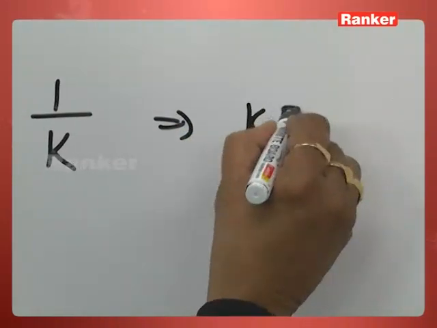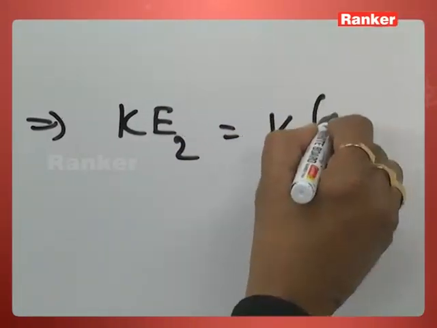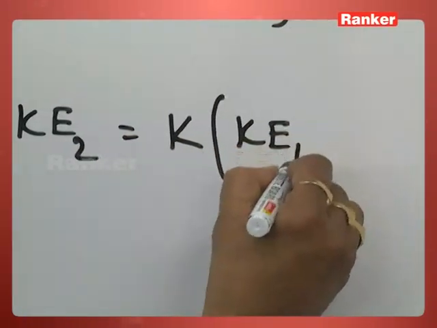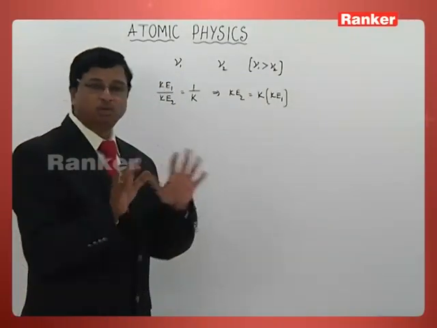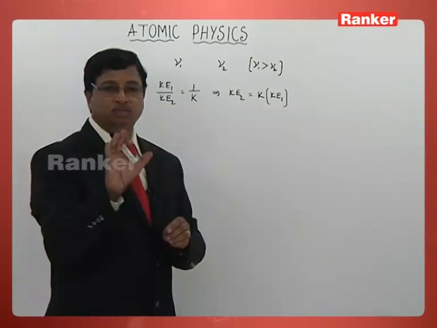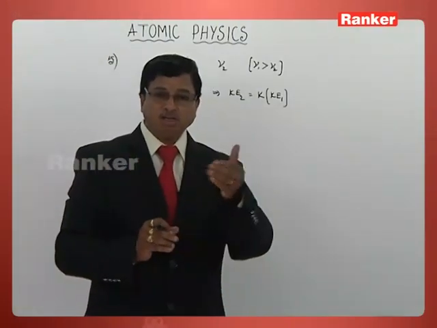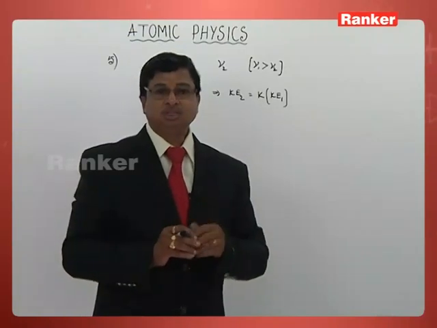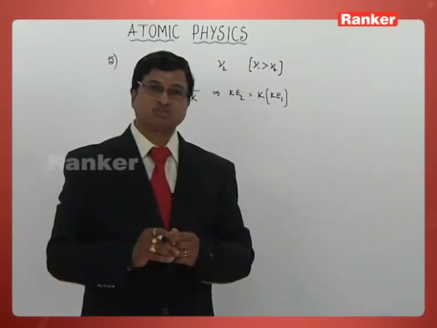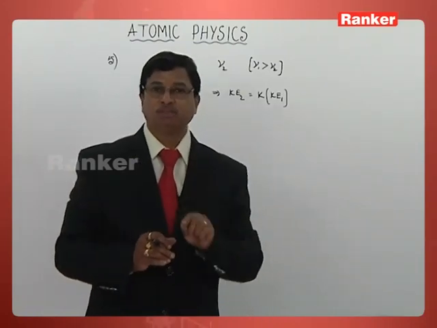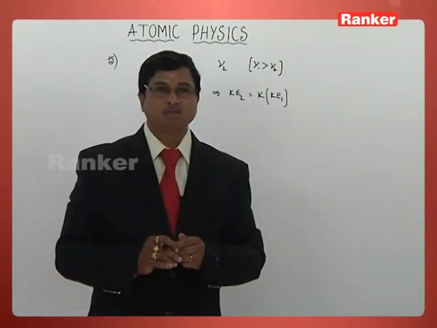Kinetic energy 2 is equal to k times kinetic energy 1. That is the relation we can predict out of the second sentence provided to us. Then what is his question? The threshold frequency of the metallic surface is how much? Threshold frequency, that is nu naught, he is asking you to calculate.